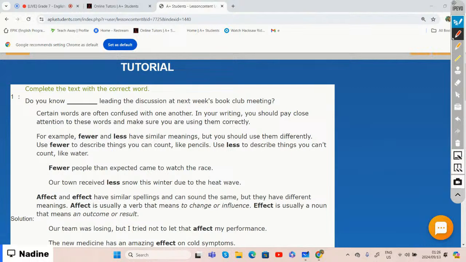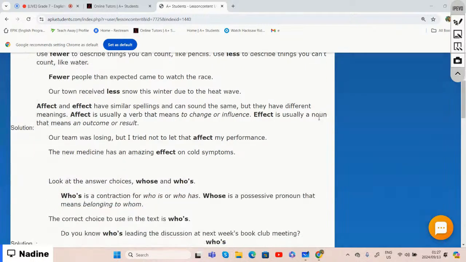You see, even these two words, who's and whose, you need to pay close attention to these words, and make sure that you are using these frequently confused words correctly. All right. So who's is correct.